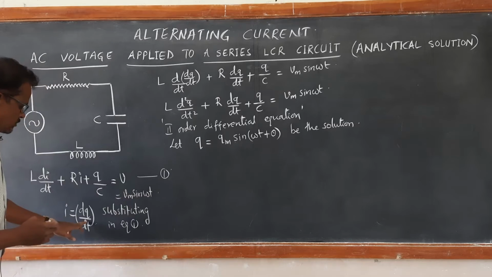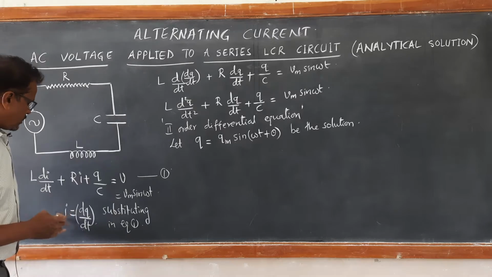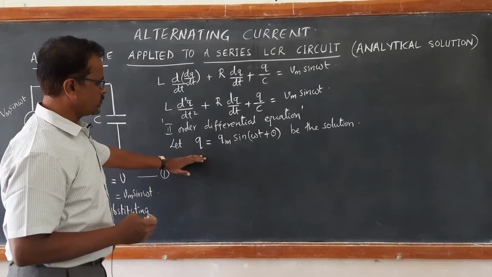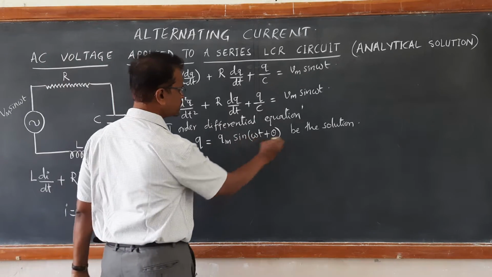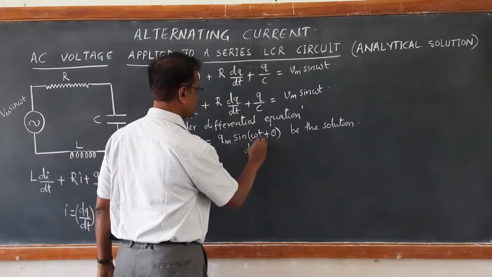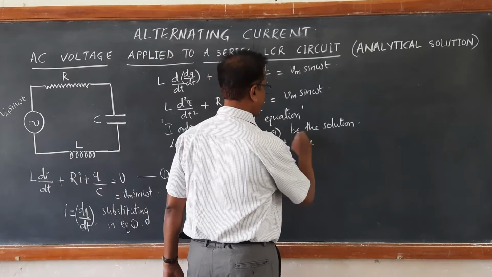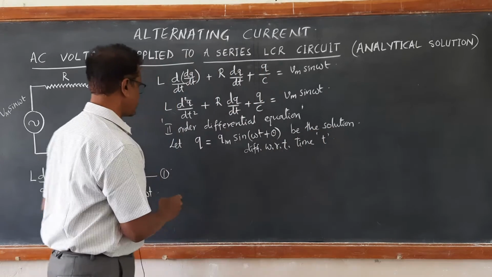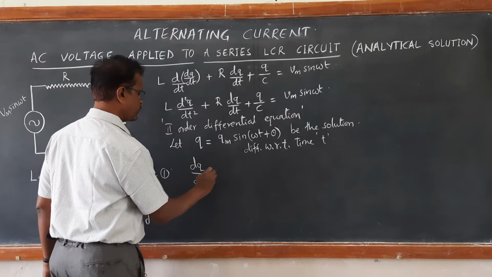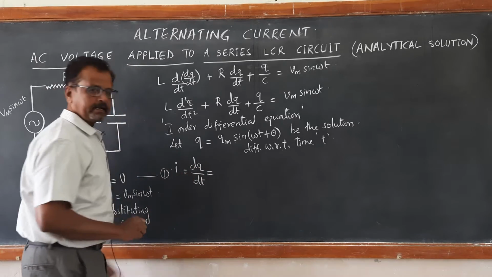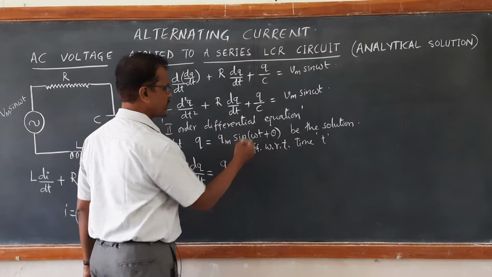You know, I is equal to the rate of change of charge, the rate of flow of charges. So if I differentiate this equation with respect to time t, I get the equation for current. Differentiating both sides with respect to time t, I get dq by dt, which is nothing but current I, equal to Qm sin omega t.